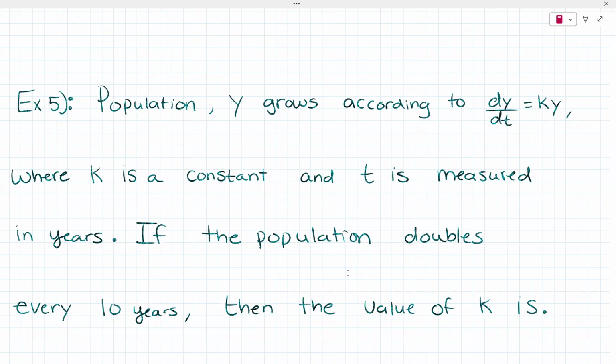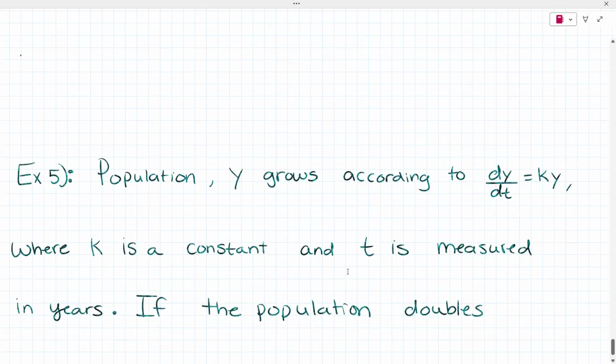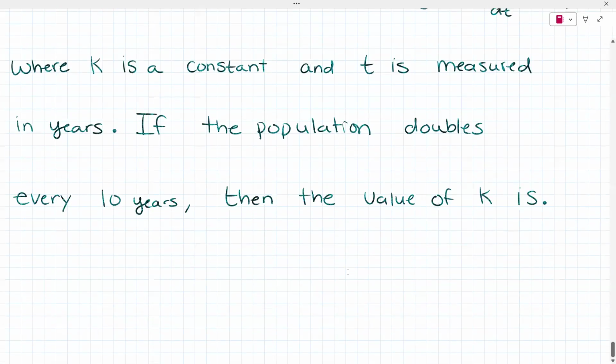This one is a little bit different. They do not give us a c value, right? They do not give us an initial condition. So if they don't give you an initial condition, you're just going to have to make something up.